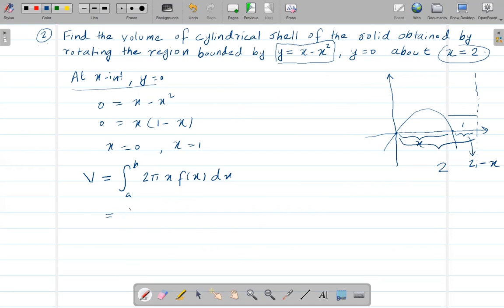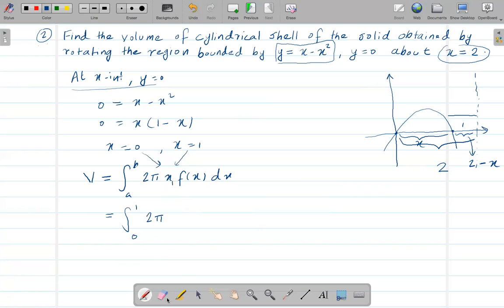Now, the interval we have here is 0 to 1, since we said this is 1. So 2 pi times the radius. Make sure you don't plug this x here; don't make this mistake. This x is different, or I might just say x1 here, just to make it look different.